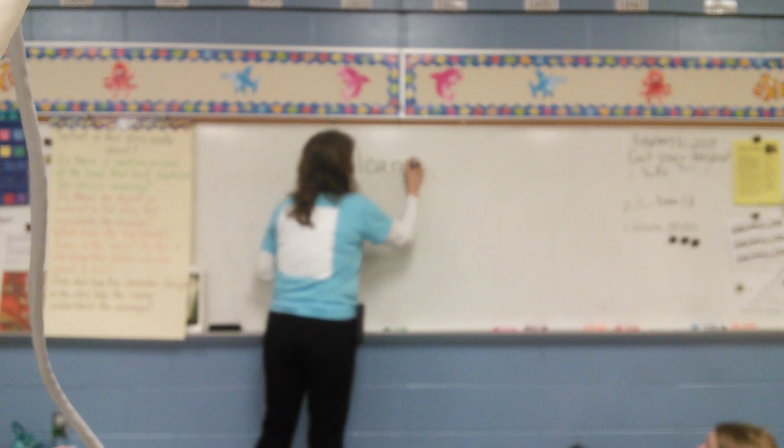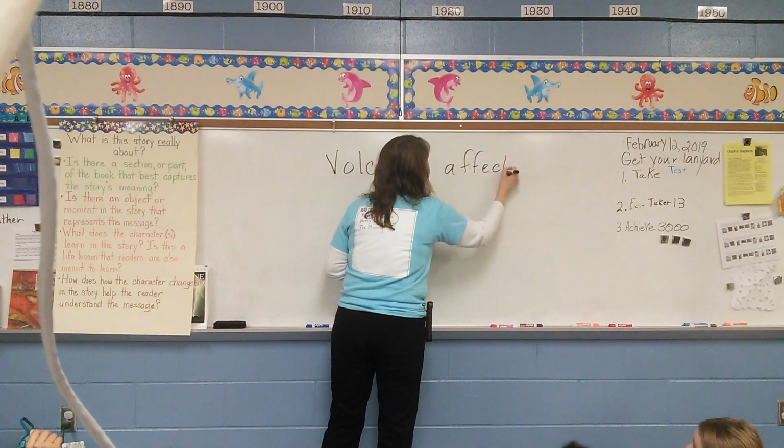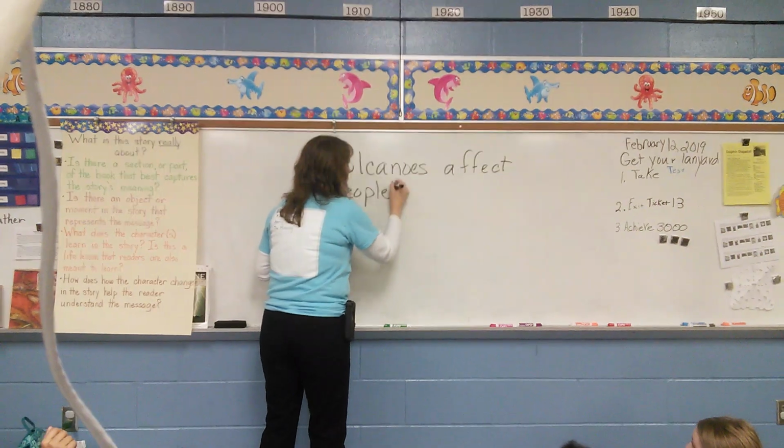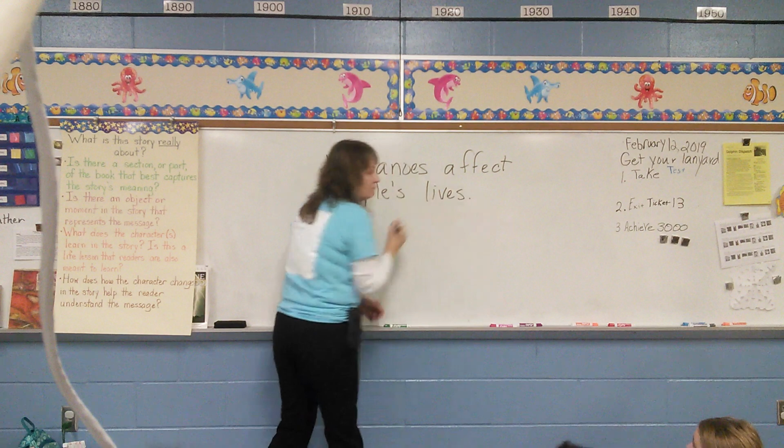Read me the sentence without this is how. Volcanoes affect people's lives. Can you see the difference? Huge, right? So let's go ahead. I'm going to write it on here. Now, this is not the only way that we can write this. You could also write people's lives are affected by volcanoes.